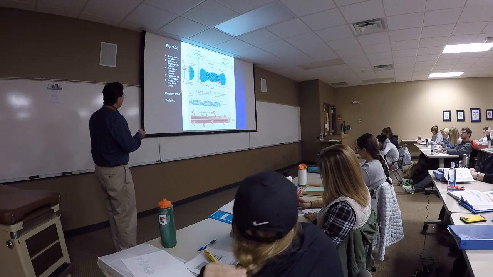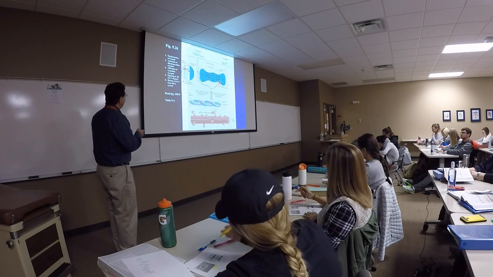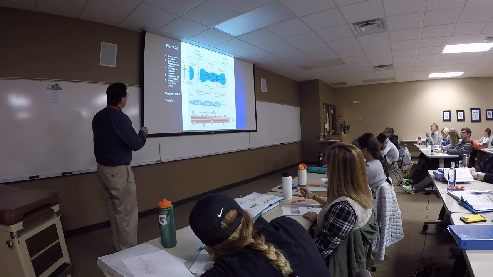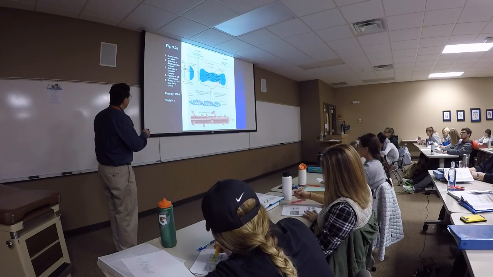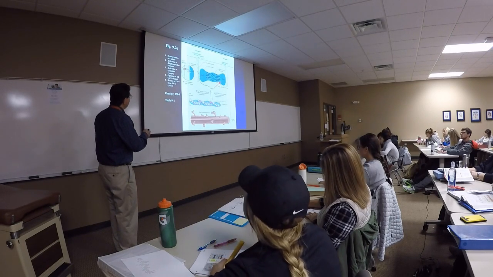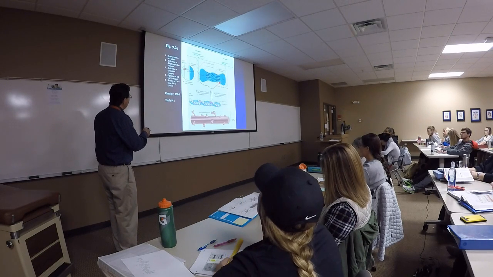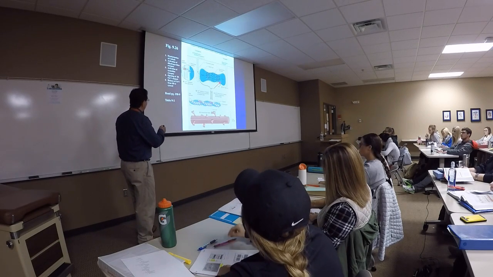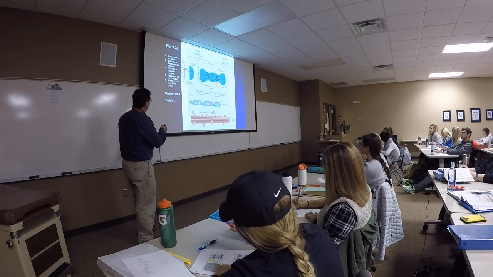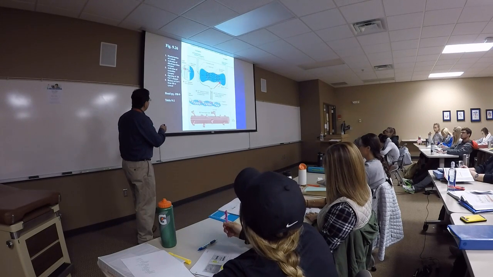So we get depolarization or action potentials coming down the T-tubules, and that activates what's called the dihydropyridine receptor, which is right there, which then activates a ryanodine receptor. The bottom line is, action potentials do not cross. I don't want you to think action potentials cross from the transverse tubules, the T-tubules, to the sarcoplasmic reticulum.